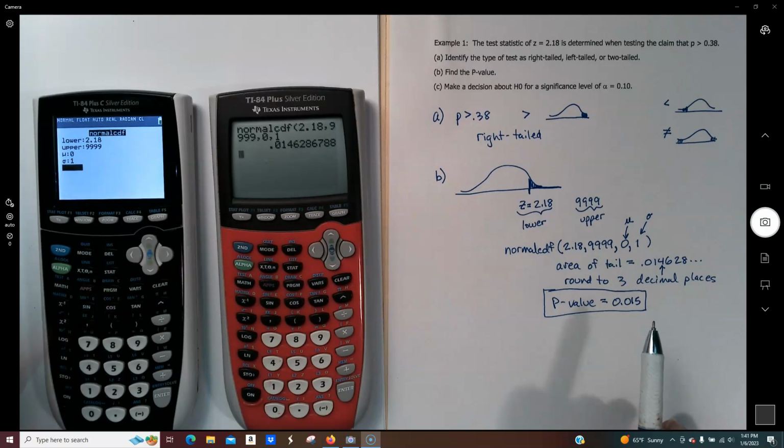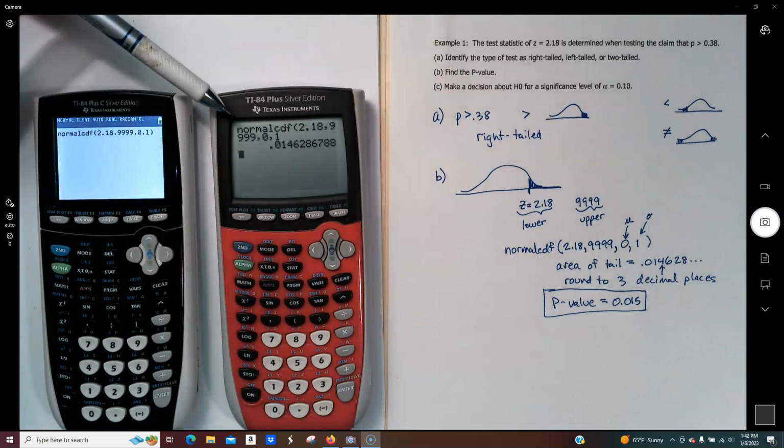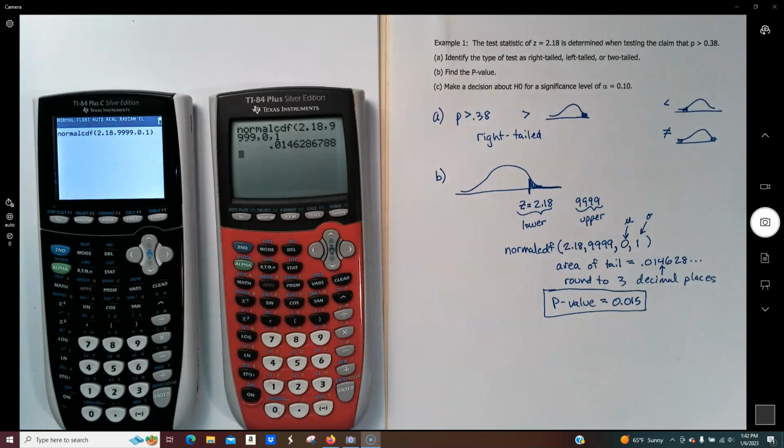So we scroll down to paste, press enter, and you can also see that now on the screen is the exact same entry that was typed into the older version of the calculator. So we press enter, we get the exact same thing, and our result is again a p-value of 0.015.